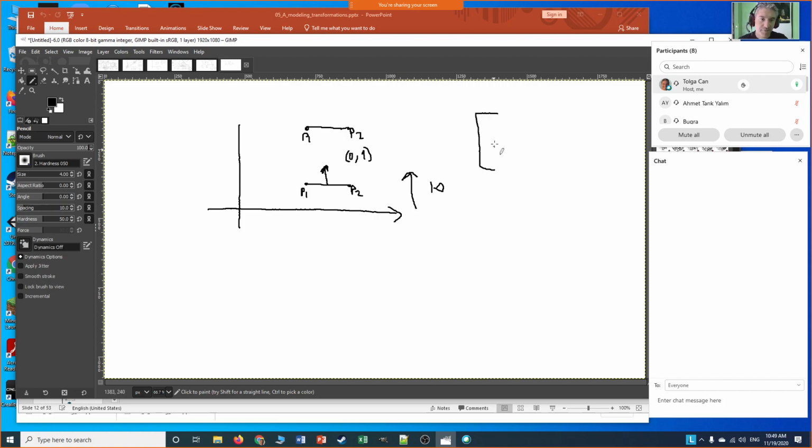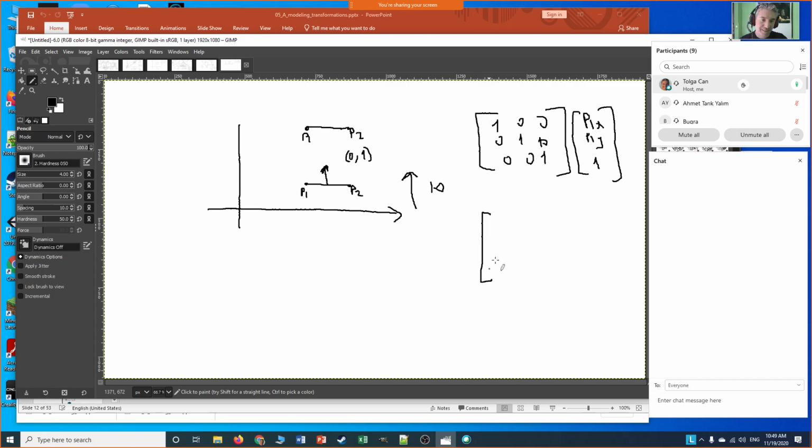So in other words, I apply this transformation: 0, 0, 1, 0, 0, 0, 1, 10, 0, 0, 1. So if you apply it on P1, P1x, P1y, and 1, as you can see, its y coordinate is going to be increased by 10. P2's y coordinate is also going to be increased by 10.